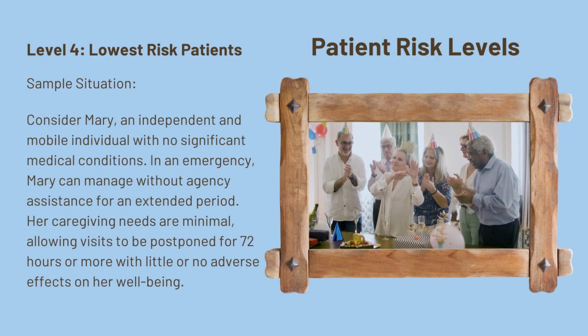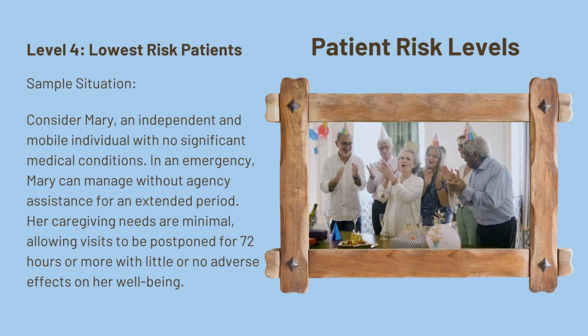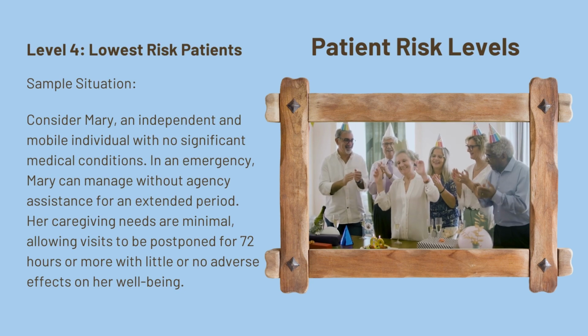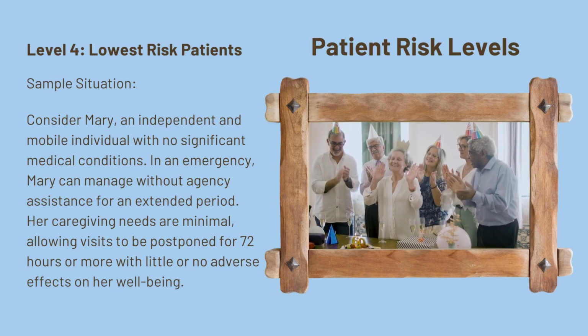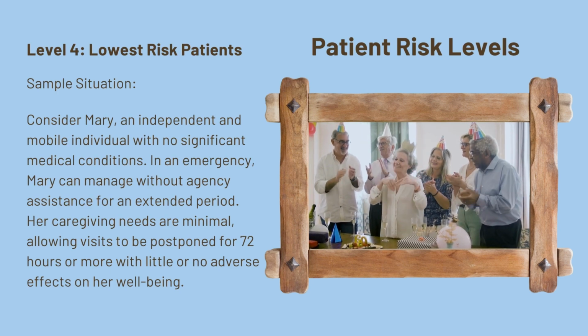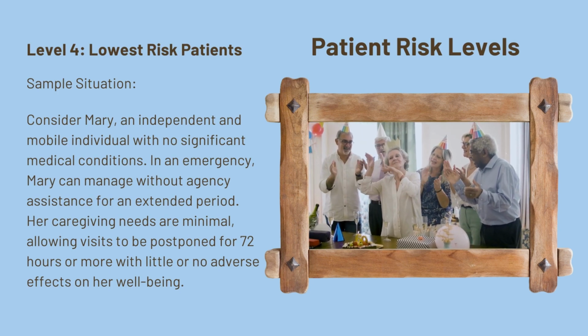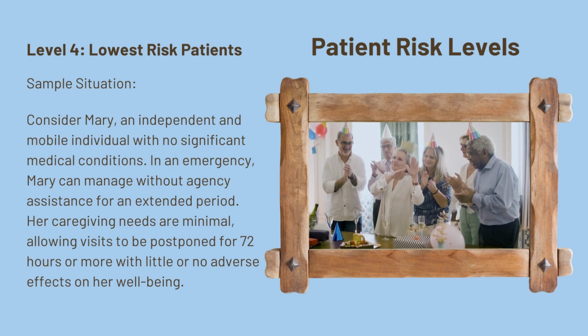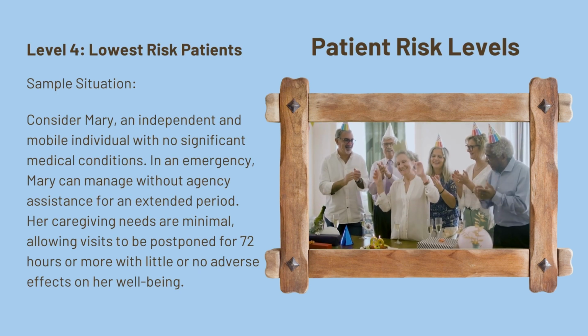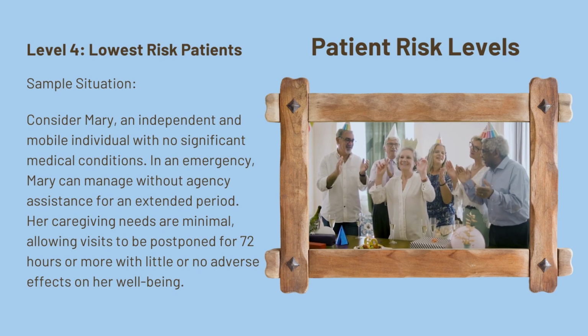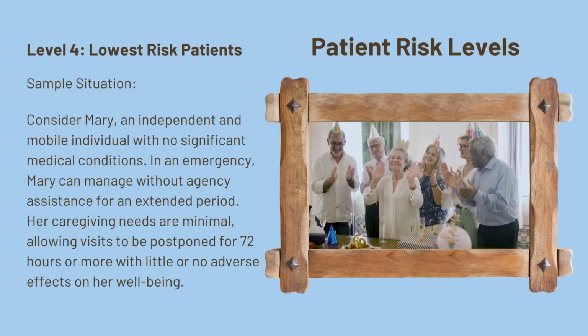Level 4 lowest risk patients. These patients can evacuate or manage without agency assistance. They have willing and able caregivers available or are fully independent in most activities of daily living. Visits for these patients can be postponed for 72 hours or more with minimal adverse effect.